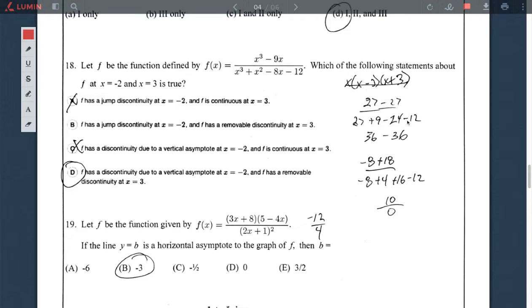On 3, I plugged in 3 here. We got 0 on the top, and we got 0 on the bottom. Since I have 0 over 0, that means we have a removable discontinuity. So I need a vertical asymptote at -2, which is what we got from the number over 0, and a removable discontinuity at 3 since we got 0 over 0.